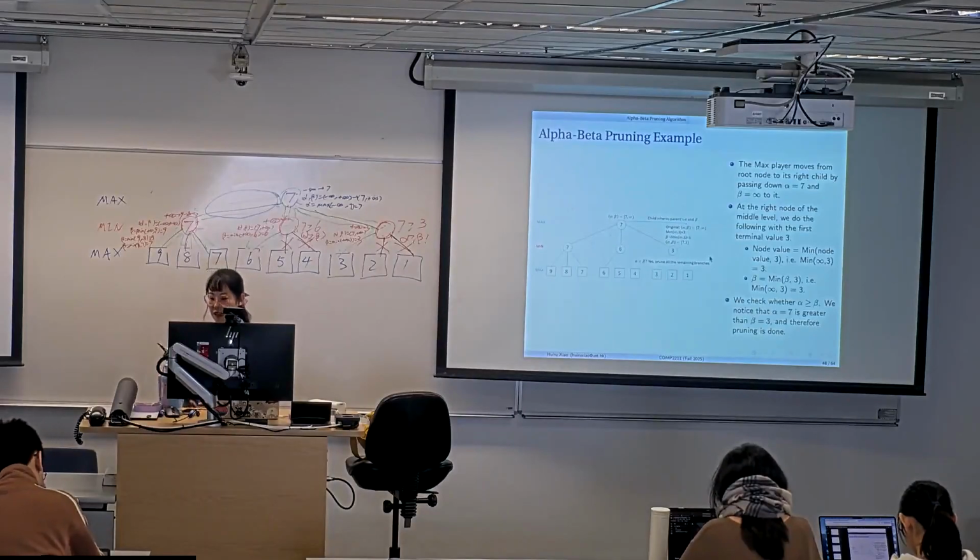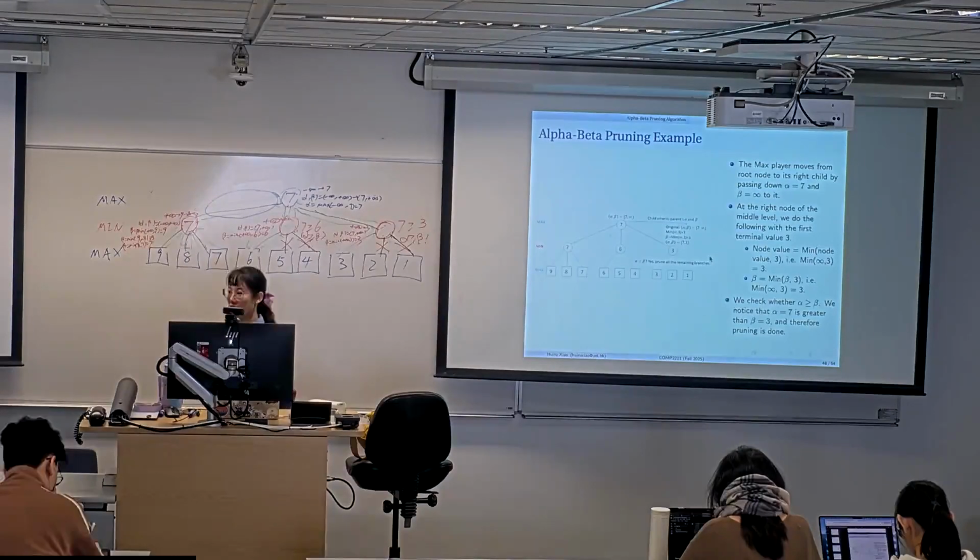And again, for updating each node, whenever it sees a new value, it should get updated. Now with alpha and beta, we should also update alpha and beta. The difference is that for max node, we only update alpha value. For min node, we only update beta value. So this would be the alpha beta pruning example.